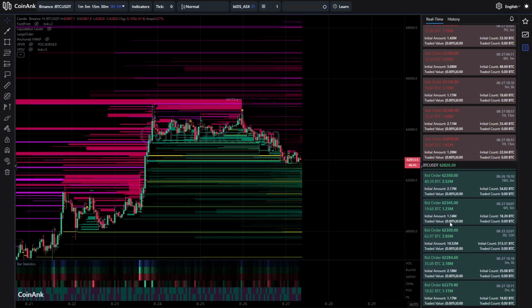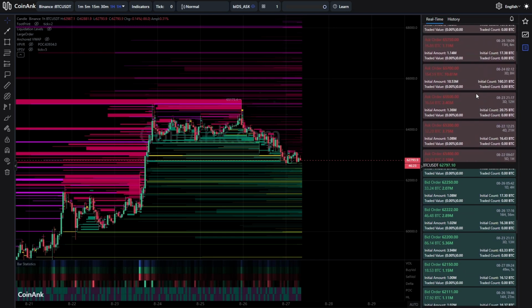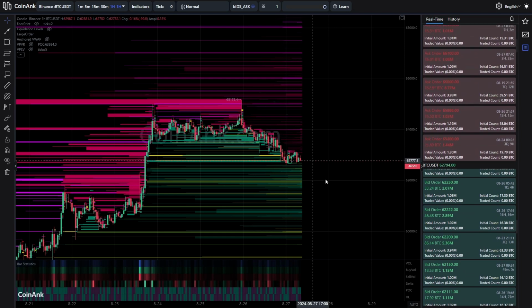So you can use these big orders, either here on CoinAnk or in the bookmap, to spot what the sentiment is of the institutions and the whales, to see where they want prices to go, if they are in a seller's mood or in a buyer's mood. So just speaking of the orders we're seeing at this exact moment in the book, we can expect prices to come back down a little bit more.